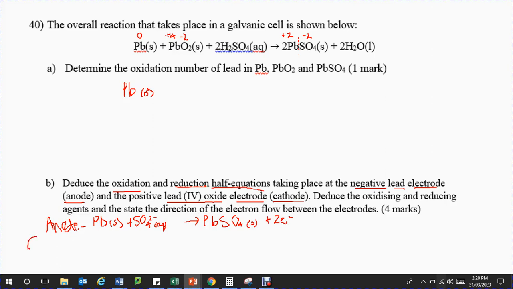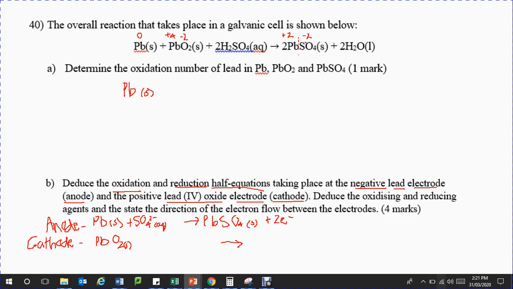The next reaction occurring is at my cathode. Excuse my really bad writing with this. My cathode is the lead oxide electrode, so that's this species here. I've got PbO2 solid, and I'll leave a gap so I can fill it all in.